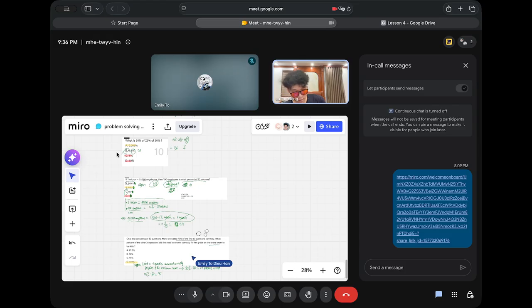We already know that for the first 60 questions she answered 45 questions correct. So we take 64 minus 45, the questions she needs to answer correctly to get that goal.